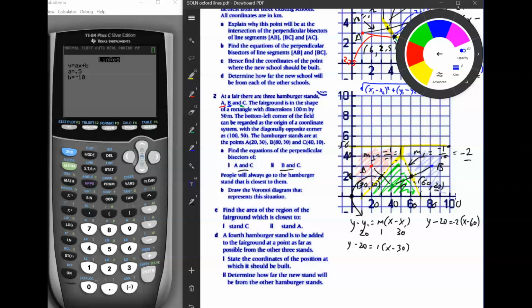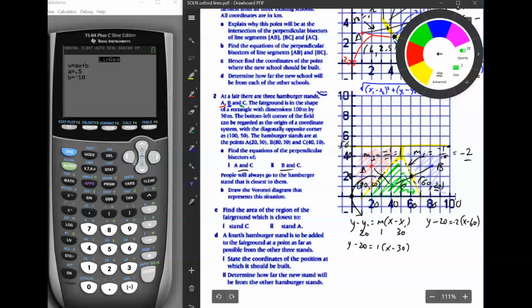Part C, find the area of the region of the fairground which is closest to stand C. So stand C is the green region. Okay, we're supposed to find the area of the region. It is a triangular area. So basically we could find the area of this triangle using counting squares, or we could do 1/2 base times height, right? So what is the base of this triangle? It goes from 10 to 70.